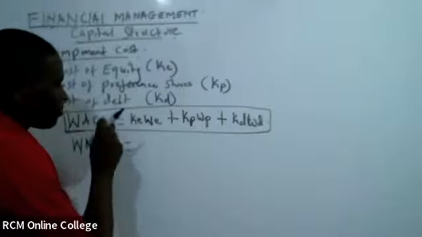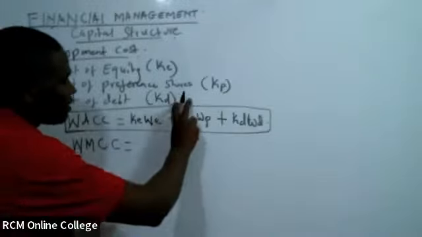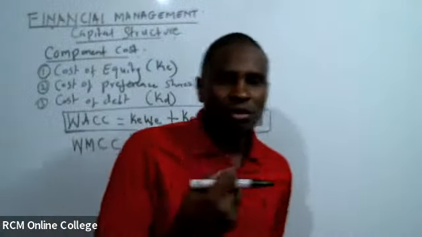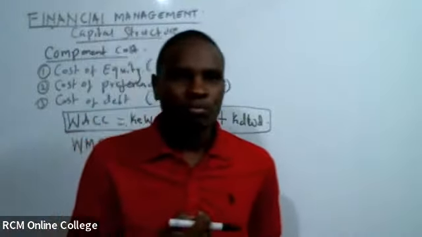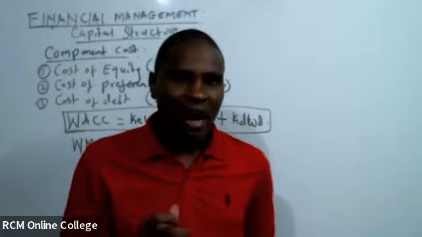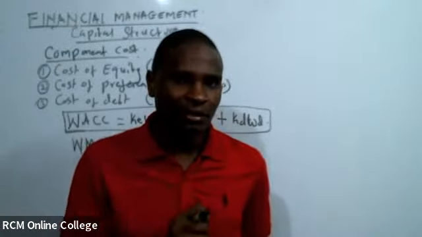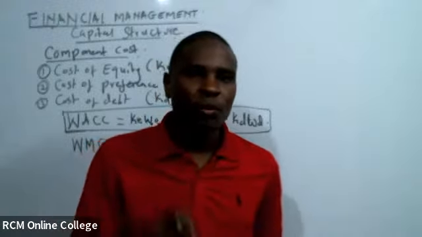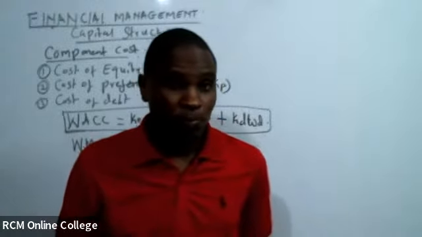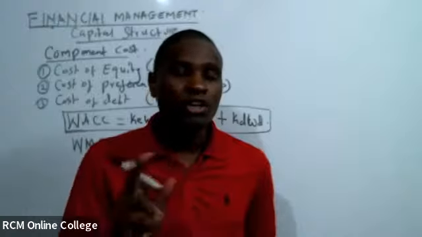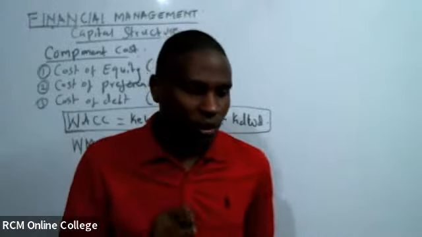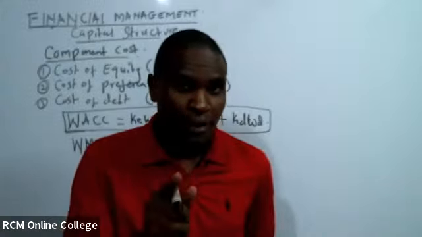Class, remember, under the weighted average cost of capital, there are items that we ignore. For example, retained earning is ignored when computing the weighted average cost of capital. Do not include retained earning when computing the weighted average cost of capital. Why?